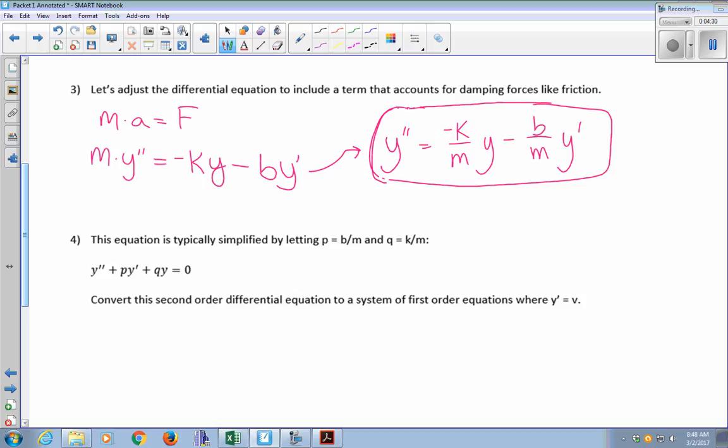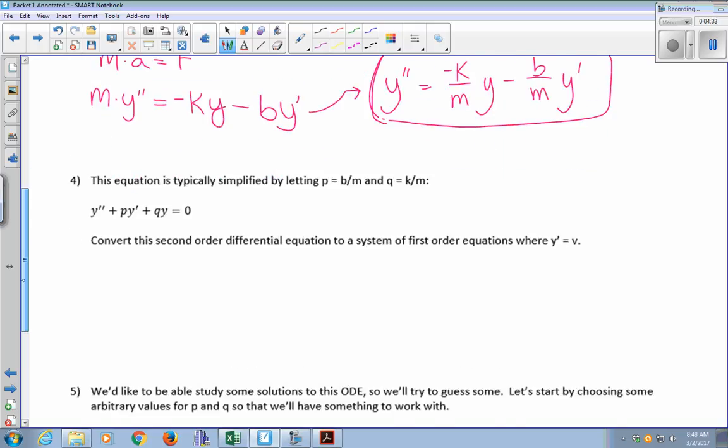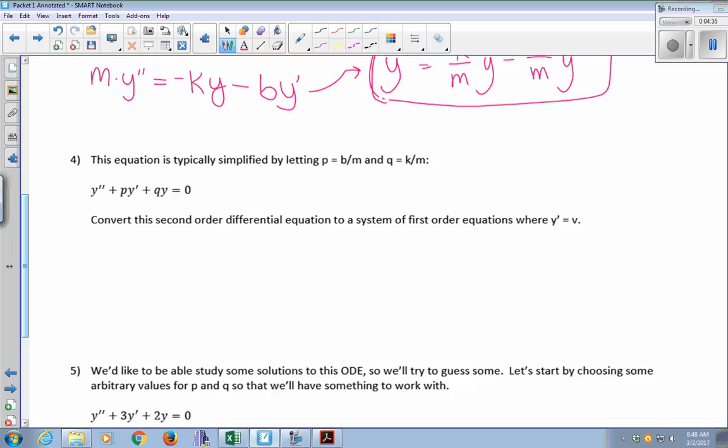All right, so I want to convert this to a first order system. This is a second order differential equation because there's a second derivative in it. To convert it to a first order system, we say, okay, well, we can let y prime represent velocity, and then v prime, the derivative of velocity, is acceleration, or y double prime, right?